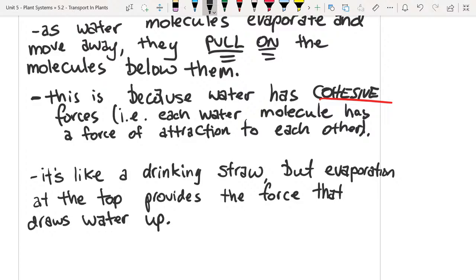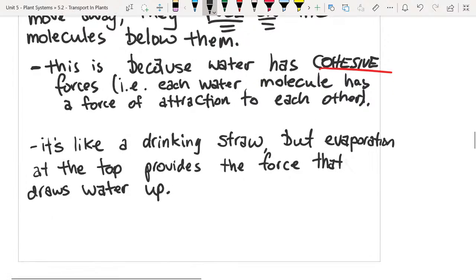So it's like a drinking straw, but it's evaporation that gives us that. And then this is called transpiration. Transpiration. That's the name they give to it.